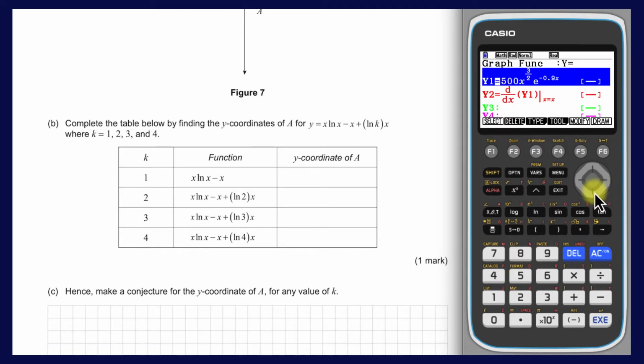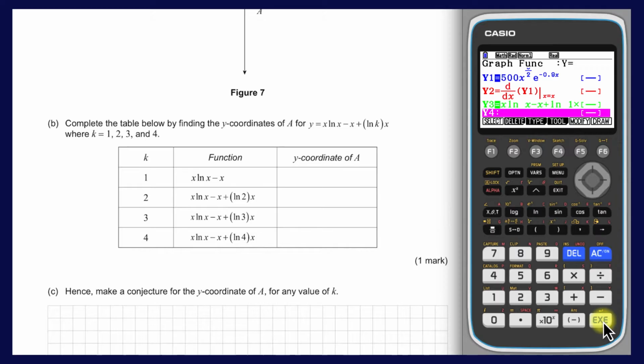Moving down to a fresh line, I'm going to put my function in: x ln x minus x plus, the first function will be ln 1 times x. Now the next function will be ln, with the ln 1 will change to ln 2. I'm going to enter that one while I'm at it using the clip and paste command.